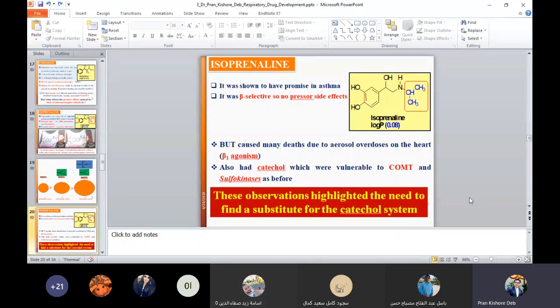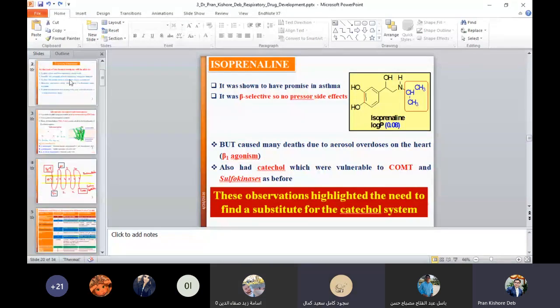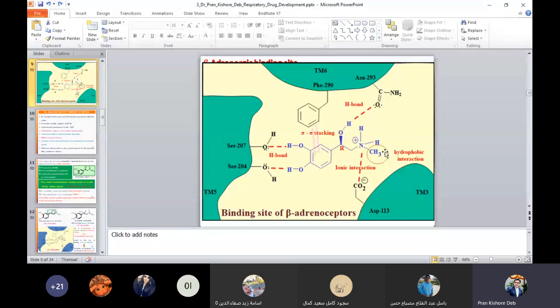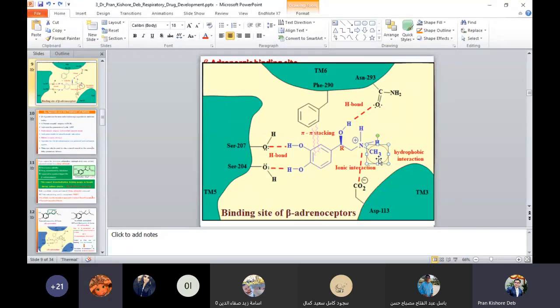Remember in the beginning, I said it is the size of the alkyl group. If you remember the two points I said, now you understand the reason. The size of the alkyl group decides the selectivity of the drug. And secondly, the alkyl group binds to the hydrophobic pocket, showing hydrophobic interaction. Now you understand, right? We have three examples today of how the size affects the selectivity. Is it clear?